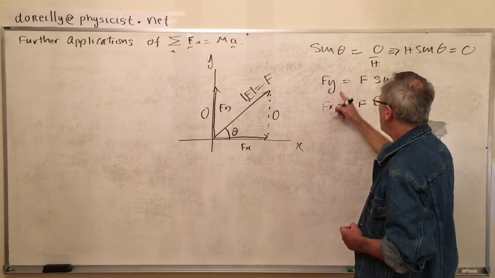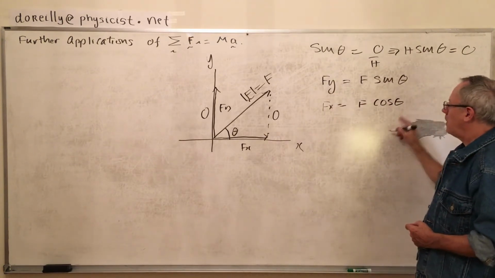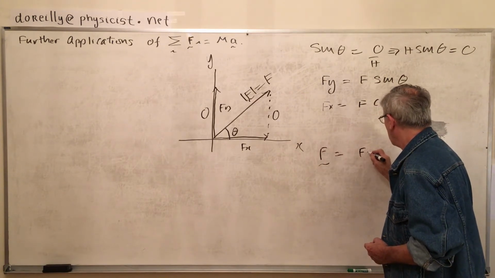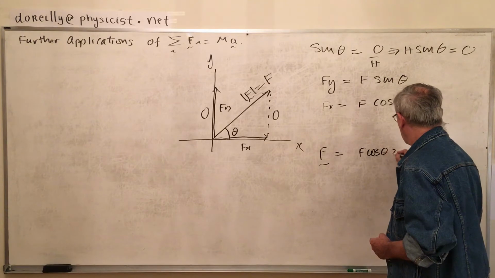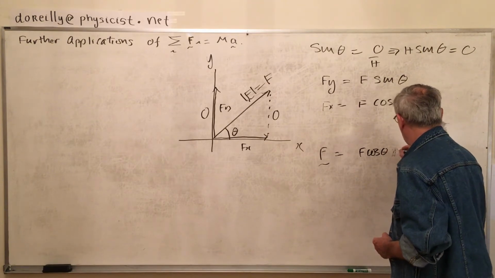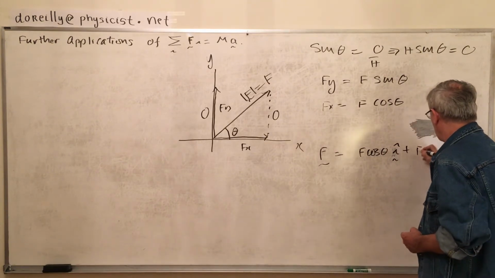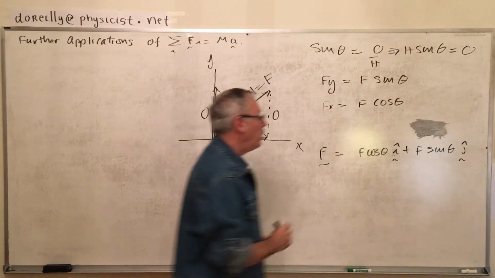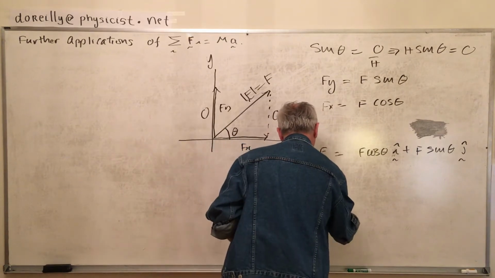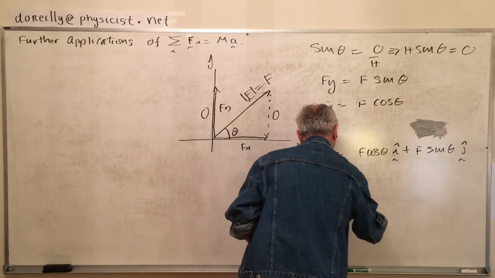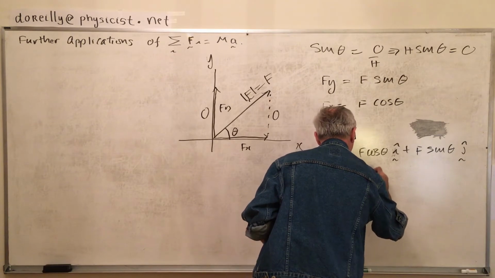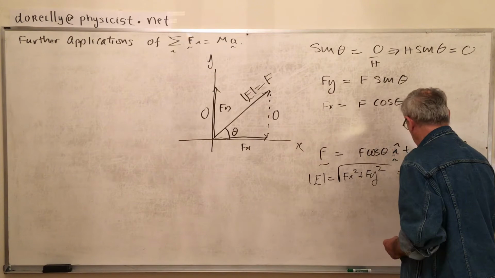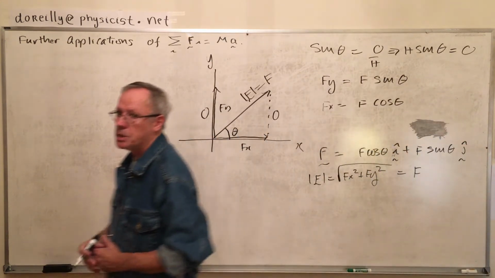So we have Fx and Fy, F sine theta and F cos theta, such that the vector itself can be written in its components. And the length of that is given by Pythagoras' theorem.